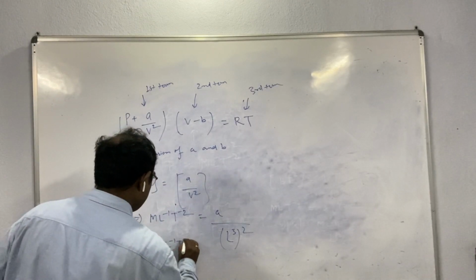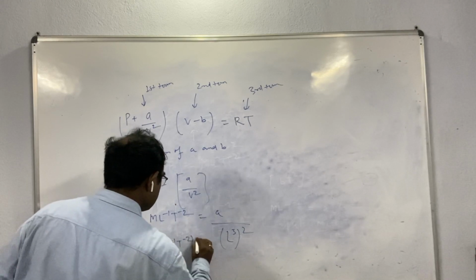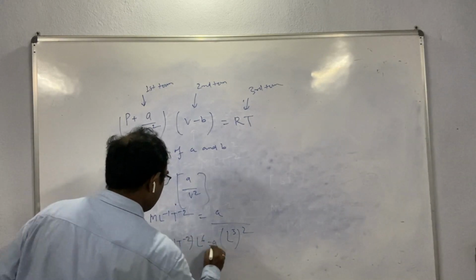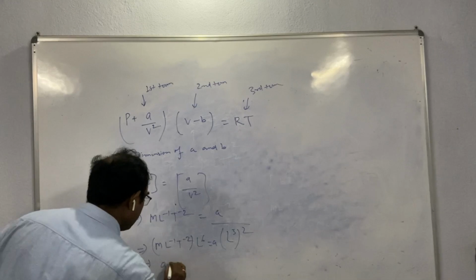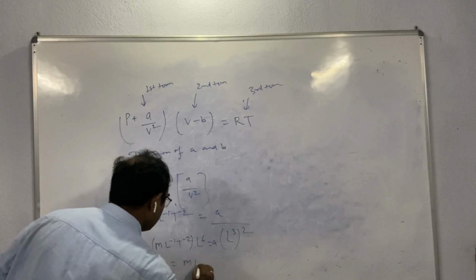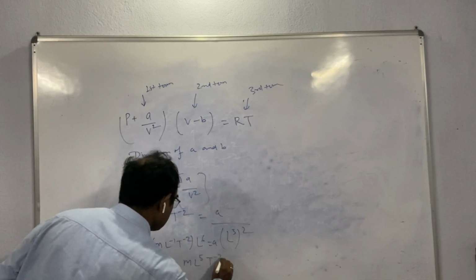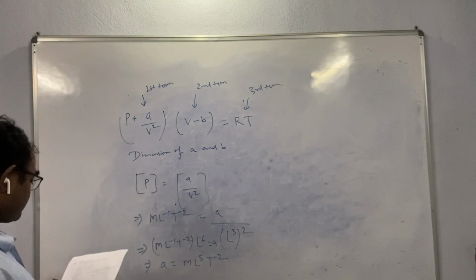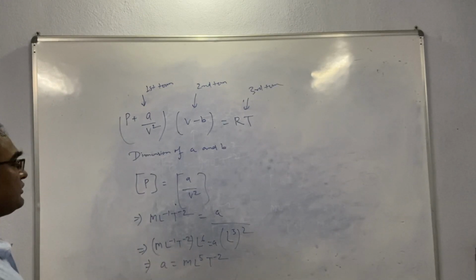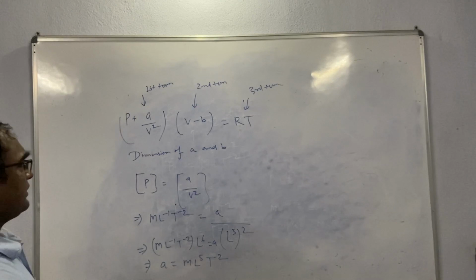ML^-1T^-2 can be represented as L^6 equal to a, and a equals ML^5T^-2. So this is the dimension of the first variable a.